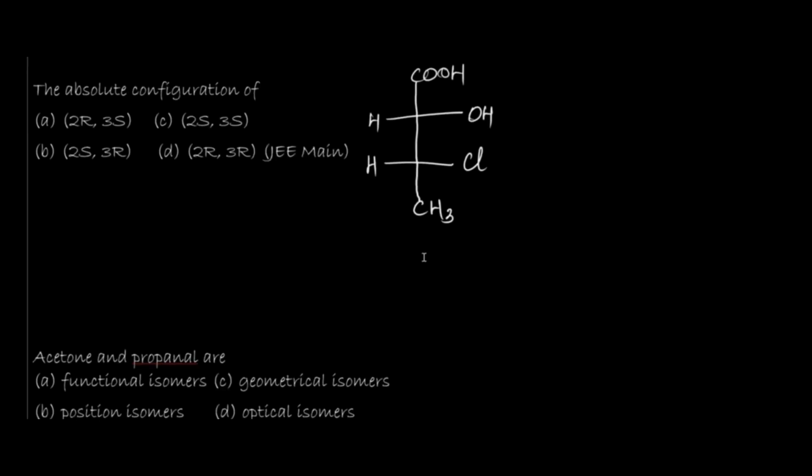Let's move on to this question, which is asking about absolute configuration of this structure. Here I'm having 2 carbons. Let's say this is 2 and this is 3, because we should start naming it from functional group. Okay, so let's do the absolute configuration of carbon 2.